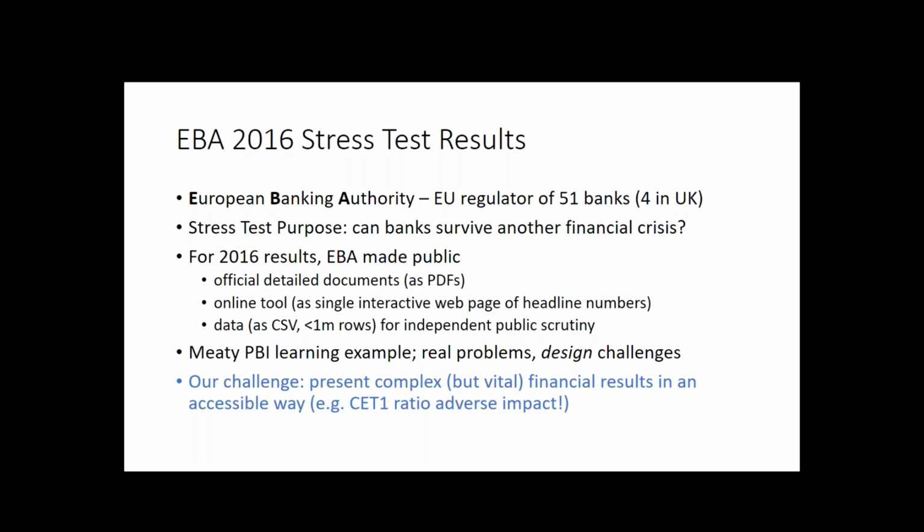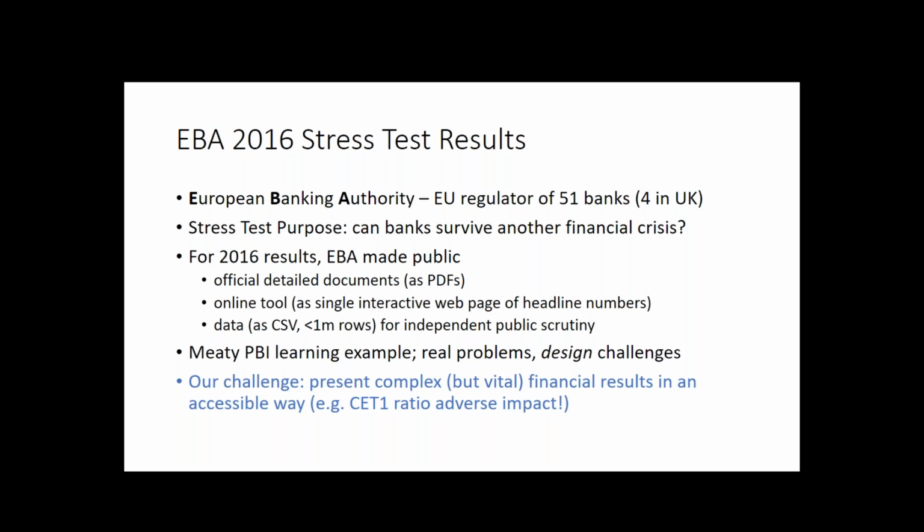So they make banks go through an exercise every couple of years, and the last one was in 2016. They made them take their actual numbers at the end of 2015 and then project them forward 2016, 2017, 2018 under a base case, which is just as we expect the economy to happen, but also under a case called the adverse scenario, which is when basically the economy tanks, share prices dive, property prices dive, bad debts go up, a worse crisis than we had 10 years ago.